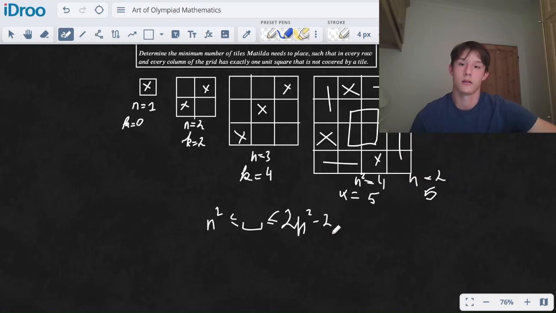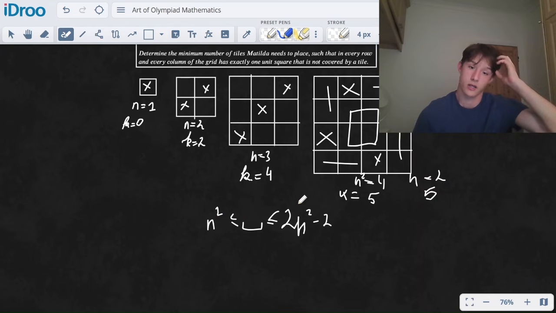From here, we can also see that it's probably a polynomial of shape n squared plus ax plus b, and not like kn squared, just because of the bound on top by 2n squared. So it's probably n squared plus something rather than 2n squared plus something.